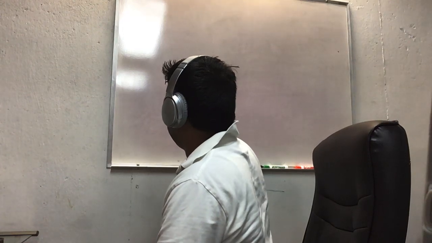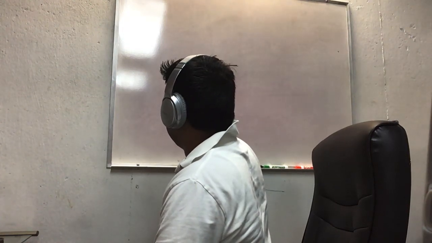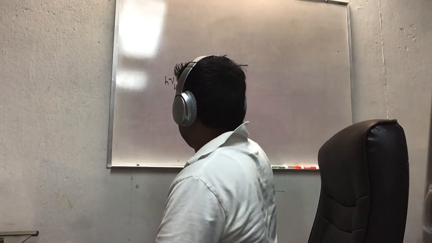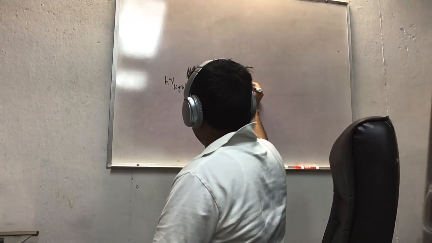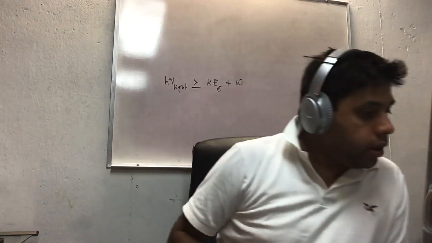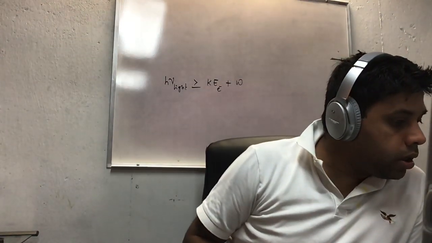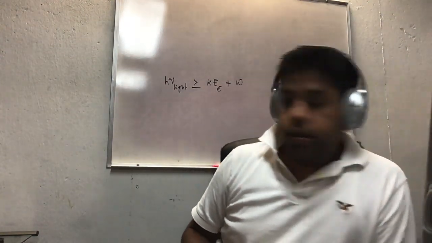So hν equals the kinetic energy of the electron plus the work function. The question they're asking is to calculate the kinetic energy.